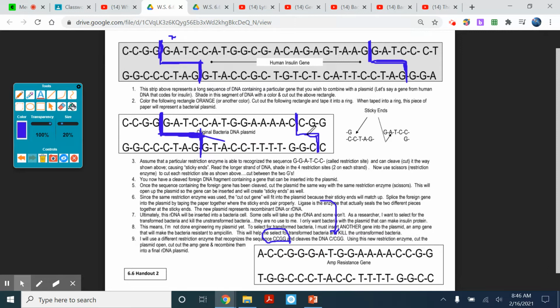And for the insulin gene, we need to cut it with the same restriction enzyme. You need to find two CCGGs, one high and one low. You can see there's one right here. We have to cut out this piece of DNA so we just have that gene.